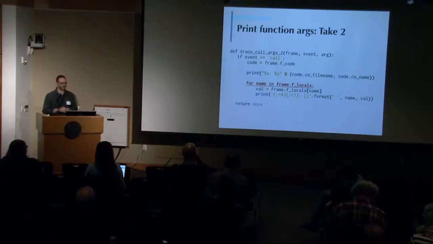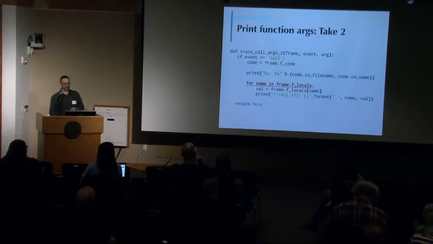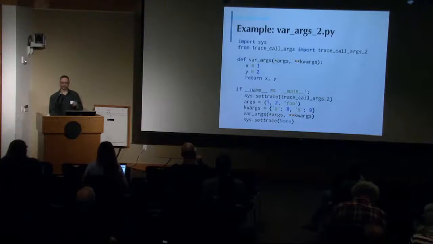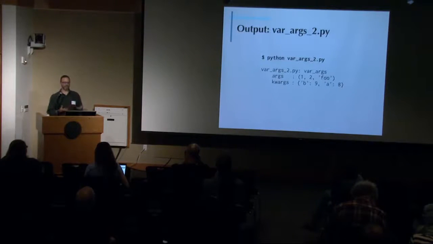So we can just take a different approach and get them that way. We can just loop through the locals available in the frame object, and then we can print them out. So let's try our new tracing function, trace call args2, and here you can see we're now getting the values for args and keyword args.